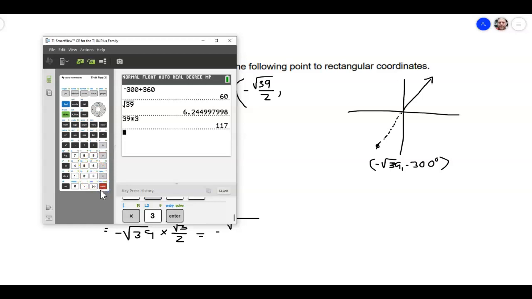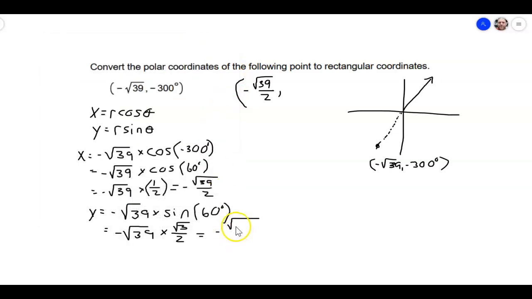So 39 times 3 is 117. And you might notice that 117 is divisible by 9. 9 is a perfect square, so we're going to see what that means in a second. So this is root 117 over 2. You can pull the 9 out of there, which becomes a 3. So that's going to be equal to negative 3, and that leaves a 13 left.